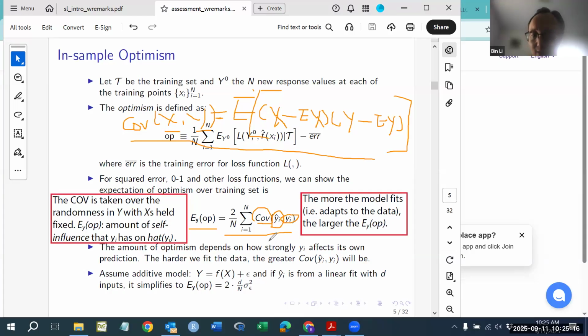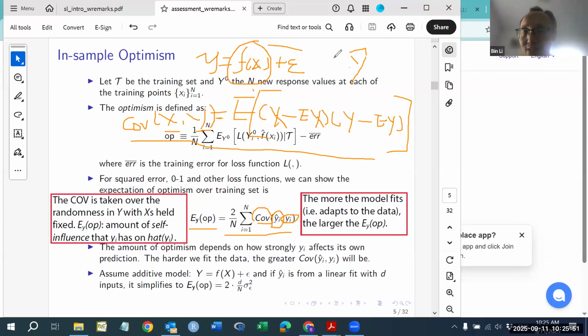Okay, so ideally, think about the ideal case. Remember, the general model is y equals f(x) plus epsilon, right? So ideally, what should yi hat be? The model should estimate what? Yi hat is not estimating y. The ideal case, the perfect case, is that yi hat is estimating f(x).